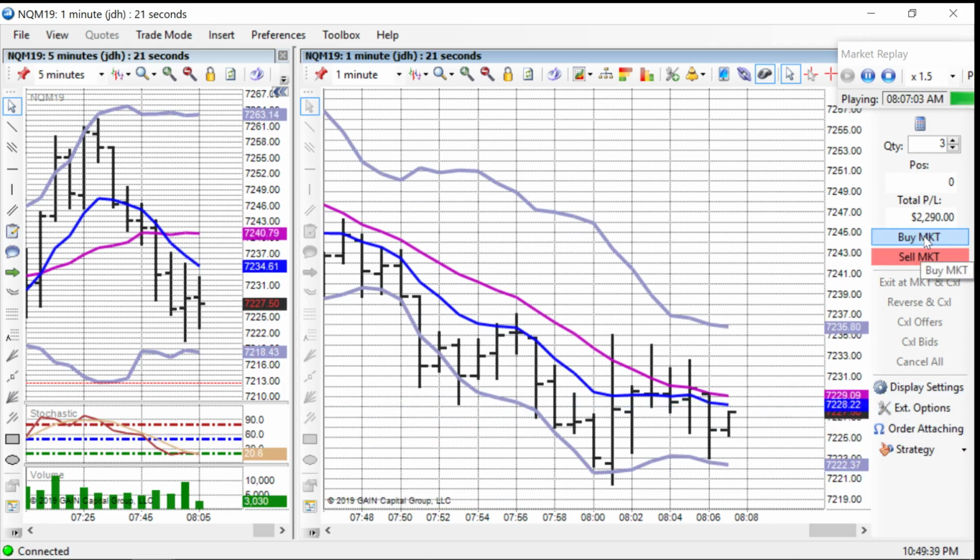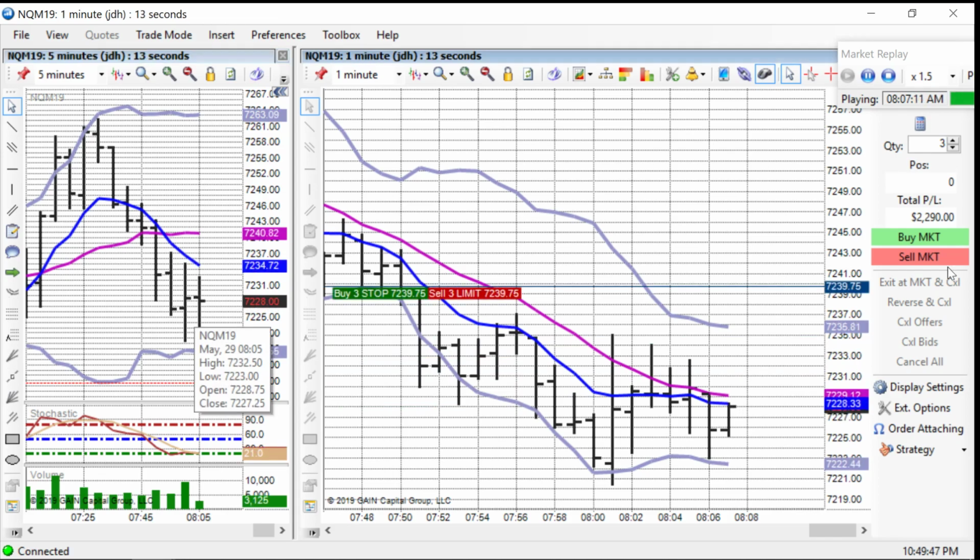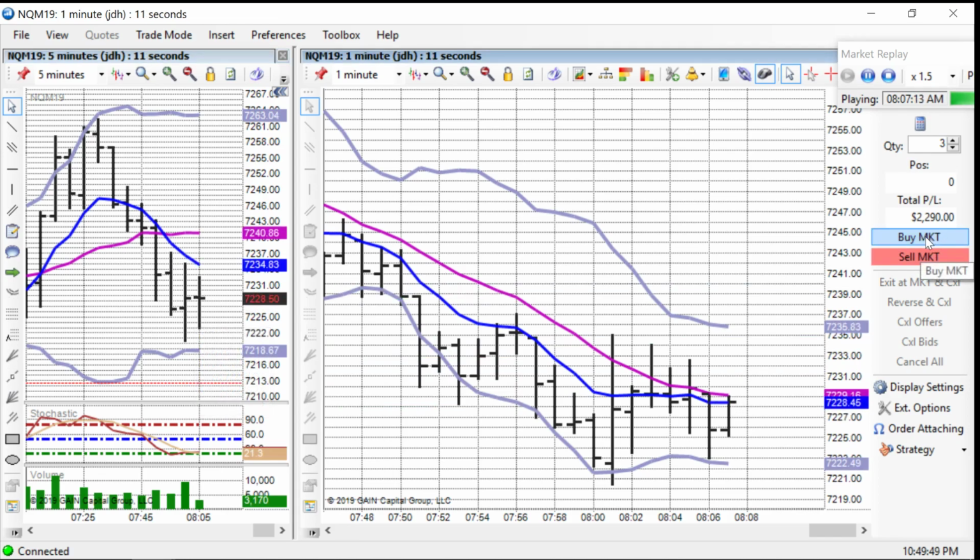So that's where I'll make a decision right now, because that's going to be consistent with a breakout of that previous high on the 5-minute chart.